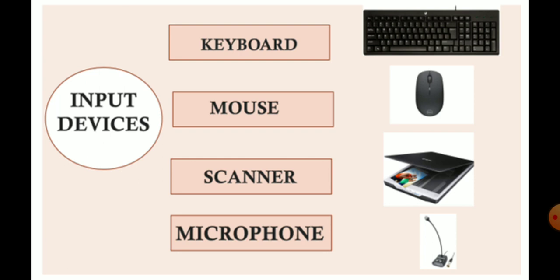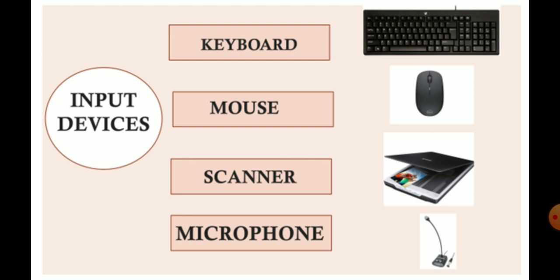Some keys have numbers from 0 to 9 written on them, so those are the number keys. Then another category is cursor control keys. You can see these 4 arrows, so those are the cursor control keys.